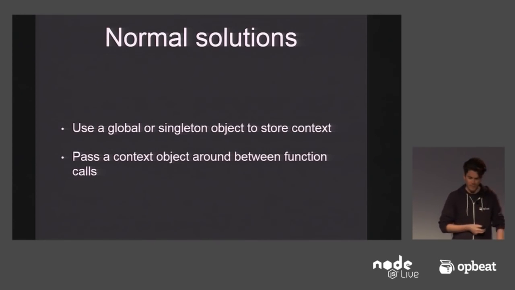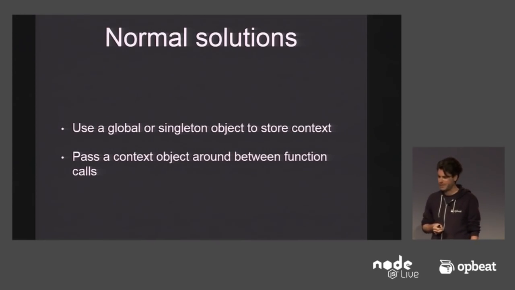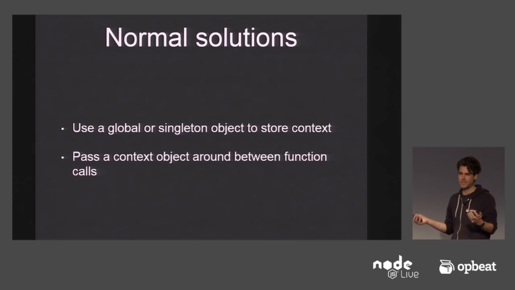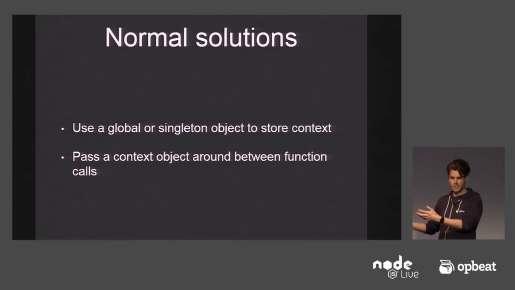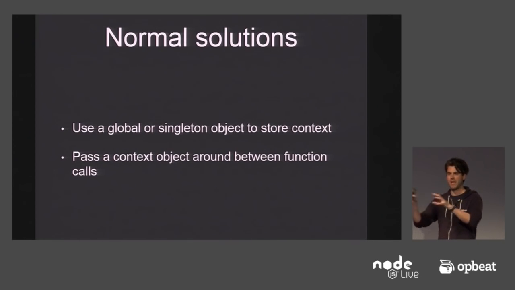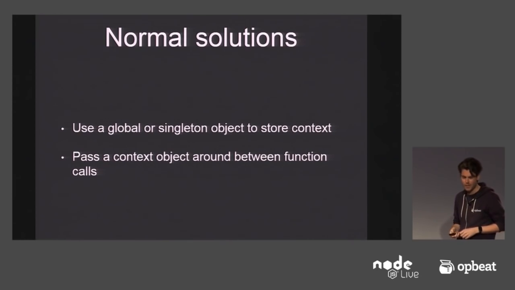The solution for making this work normally is that either you have some kind of global or a singleton object where you store some kind of context. That context includes, for instance, the request that is active, and then you can always get back to that. No matter where you are in your application, you have access to this global context.